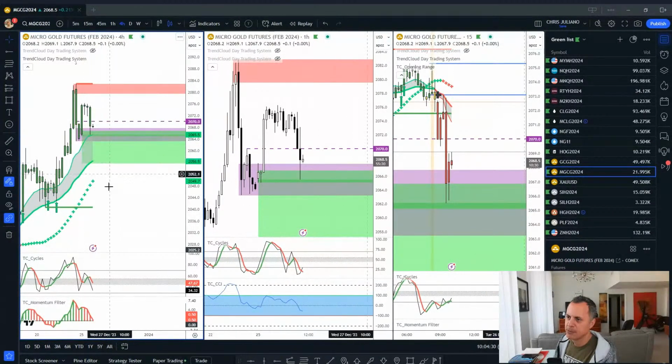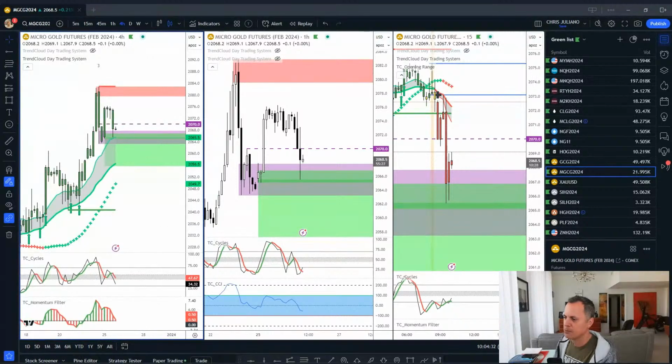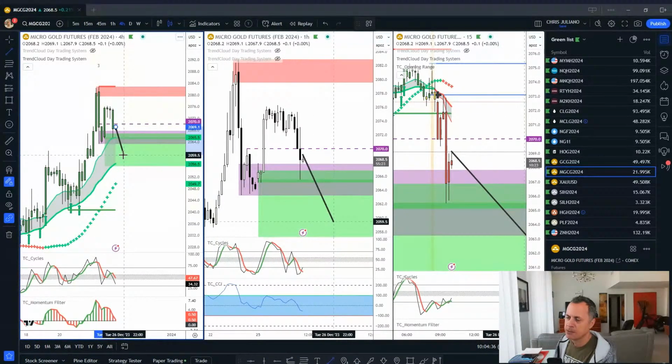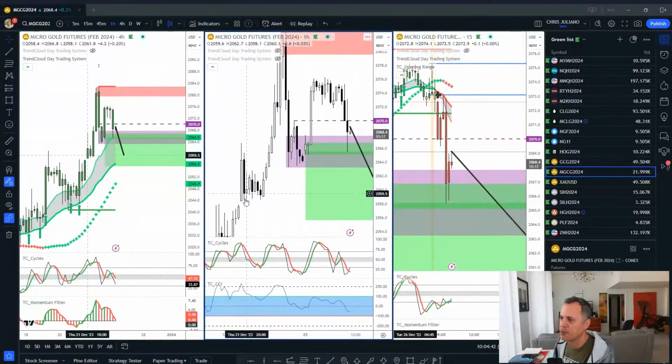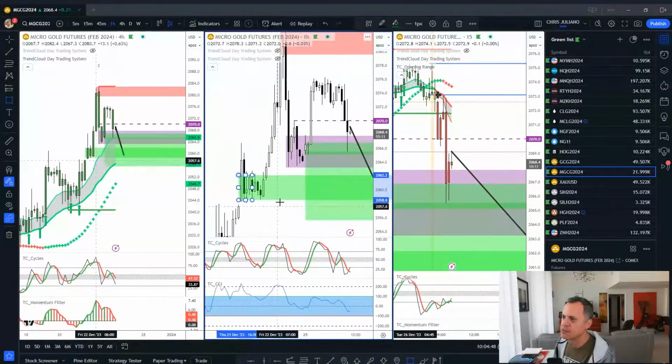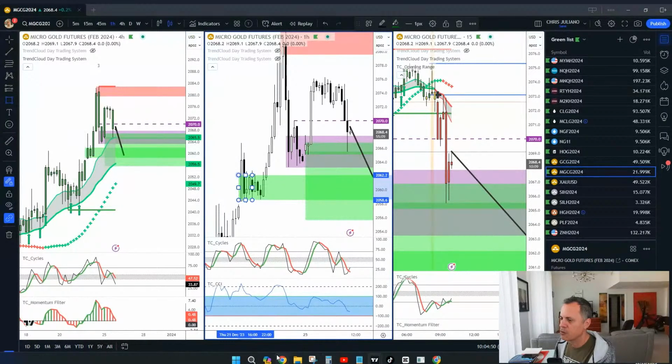Where's it going to stop? Well, we're assuming it's going to stop somewhere inside the trend cloud of the high time frame. And we've got a whole bunch of levels in here that broke structure.